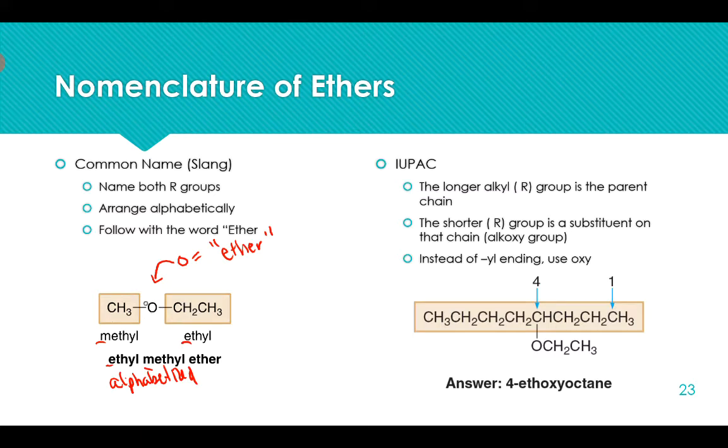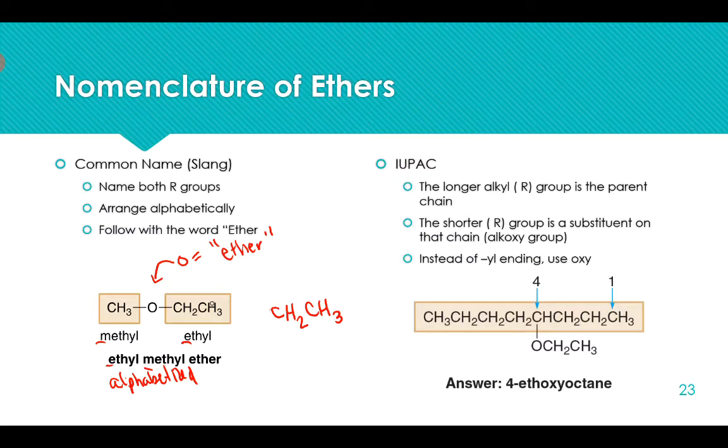Now, this works fine for simple ethers, but once you start adding branches and stuff, then this becomes really ugly. So IUPAC stepped in and said, okay, let's not view our ether in that way. Let's instead pretend that we have a long chain.